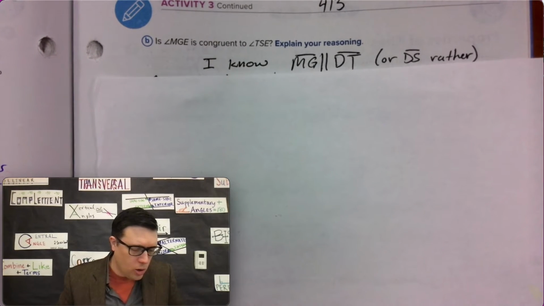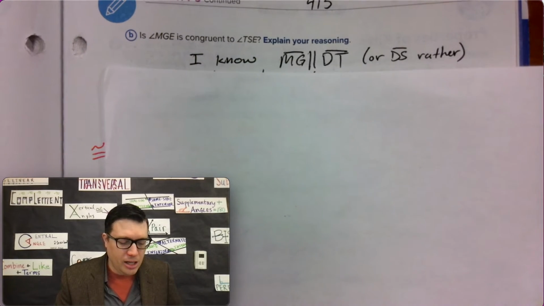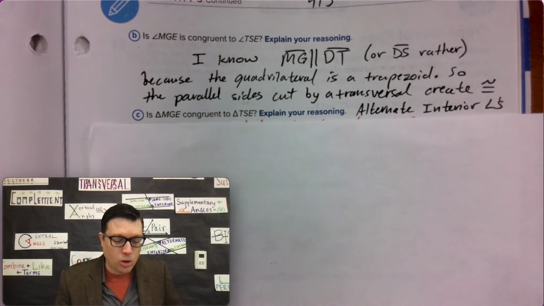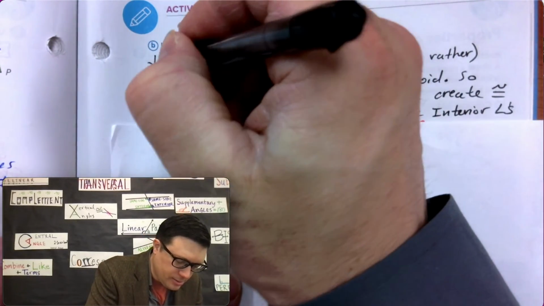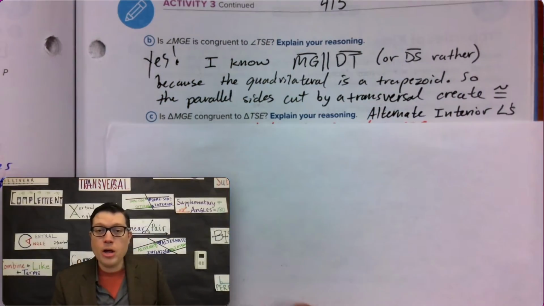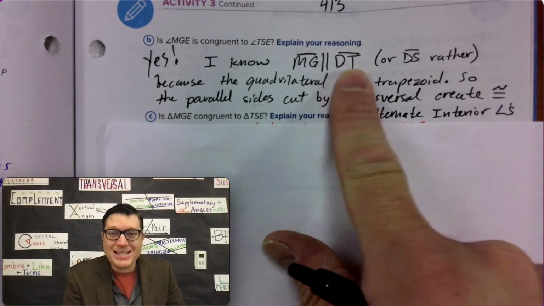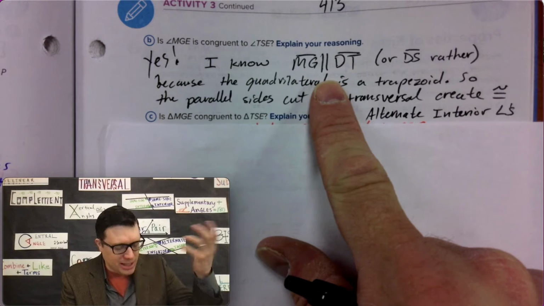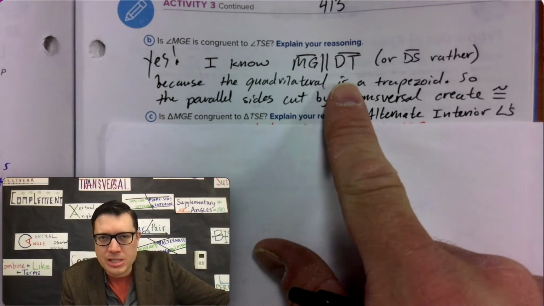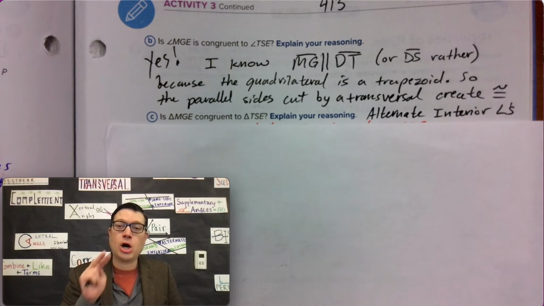Let's go back over here, page 413. Is angle MGE congruent to angle TSE? Yes, because it's a trapezoid, the two bases, MG and DS, which has been extended out to DT, are parallel.